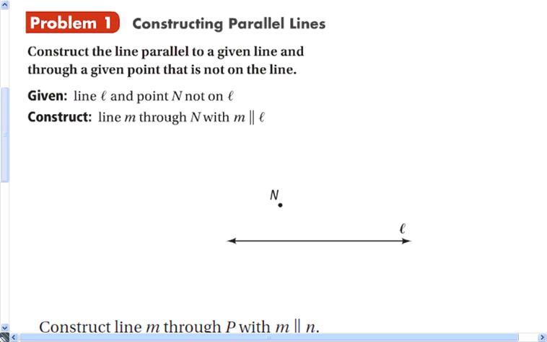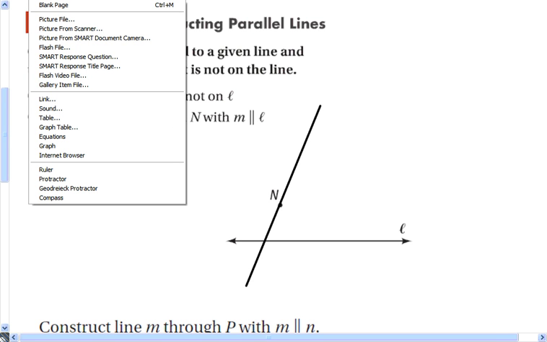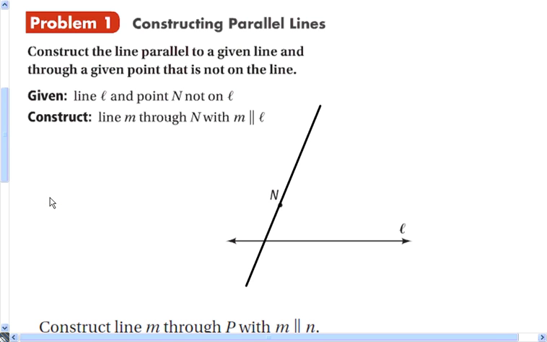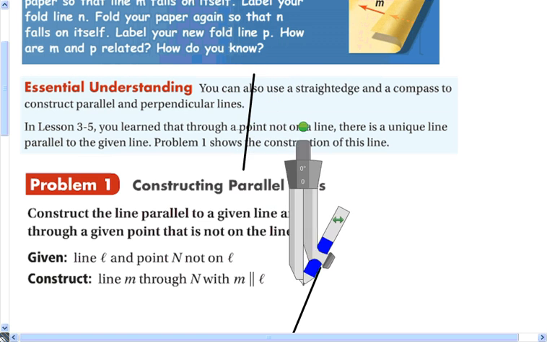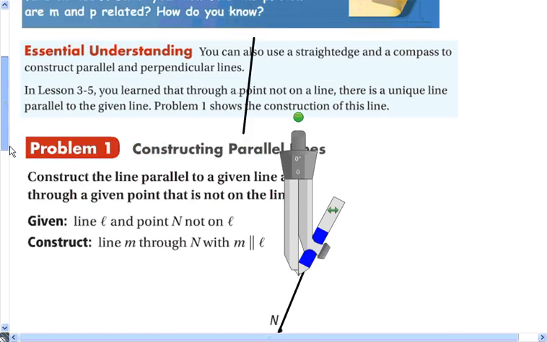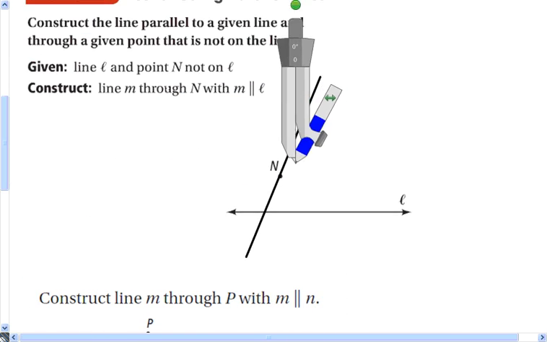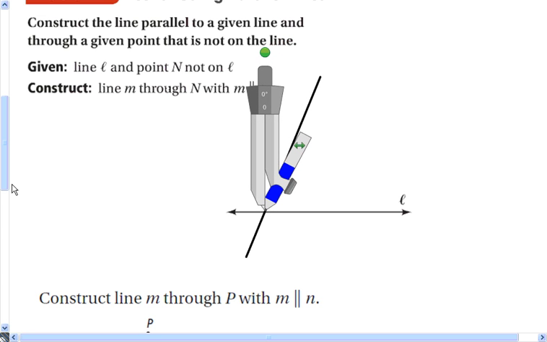So I'm going to create some angles here. First I'm going to draw a line with my straight edge through point N, and that can be at any angle you want. Then I'm going to use my compass and draw some angles, make some congruent angles.